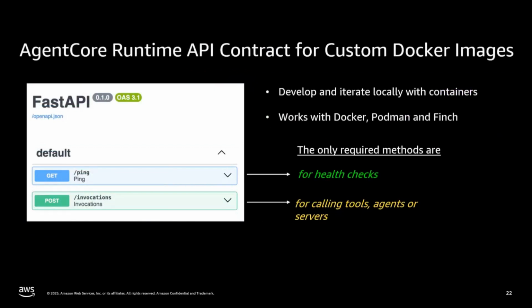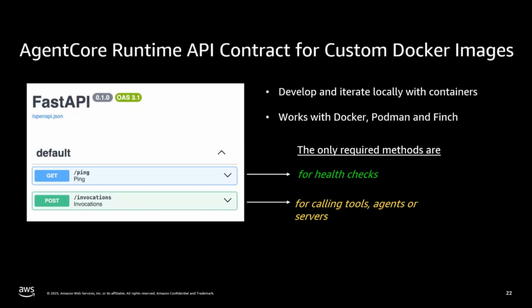The only API contract to follow in these two methods is the get method with /ping for health checks, and /invocations is where the application logic is. So anything to do with your main entry point handler gets associated with the invocations endpoint, and you can then route to any other methods from there.